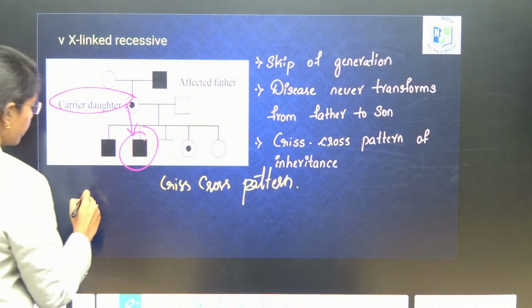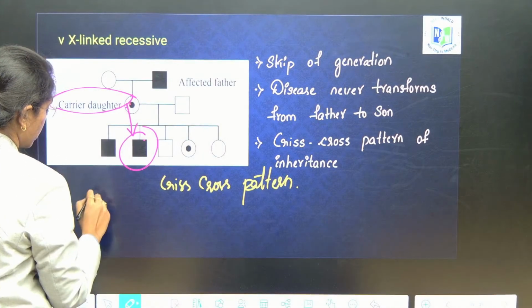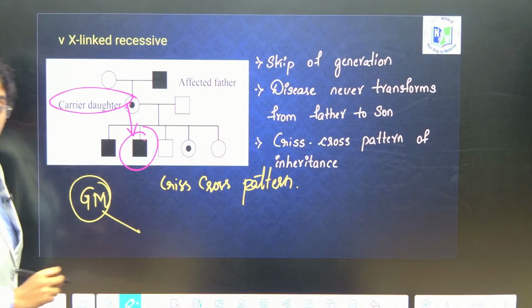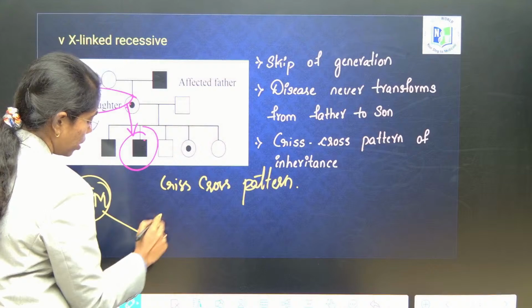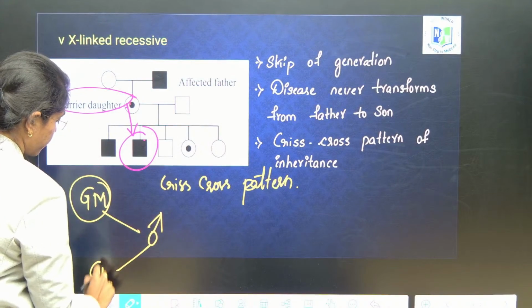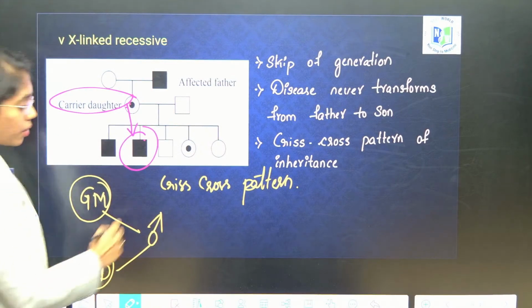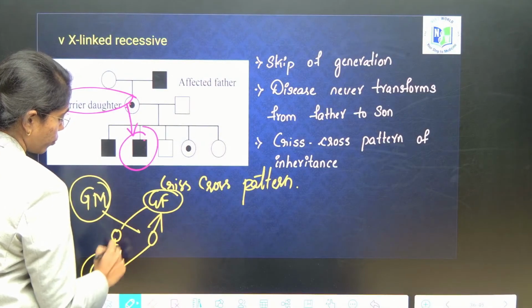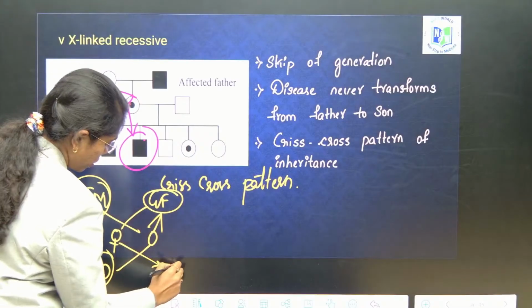For example, from grandmother the disease is travelled to son to granddaughter. From grandfather the disease is carried through female to grandson.